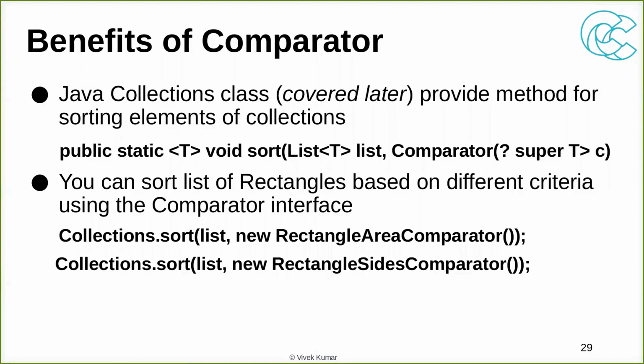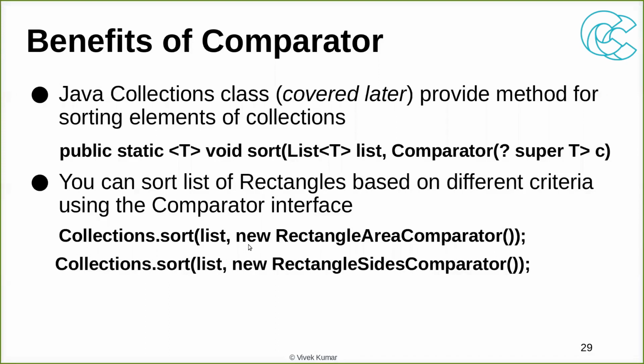Or else you need to implement your own sorting algorithm, or there is a sort method in the Collections class. The first argument is the list, so in our case, a list of rectangles, and you would need this comparator.